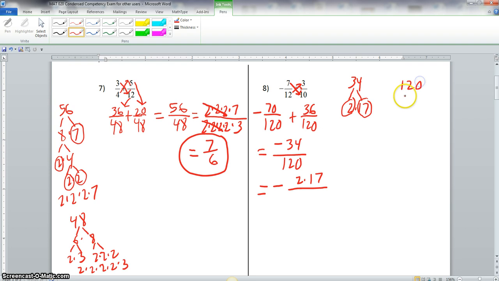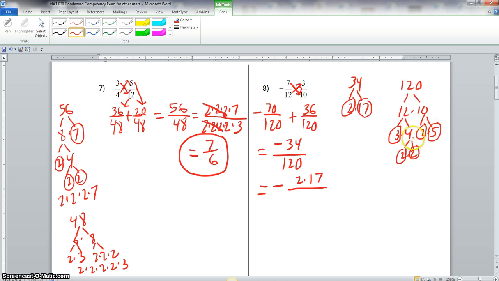Now we have to do the 120. 120 breaks down to 12 times 10. 12 breaks down to 3 times 4. And 3 is prime. And then 4 breaks down to 2 times 2. So that takes care of the 12. Now the 10. 10 is 2 times 5.